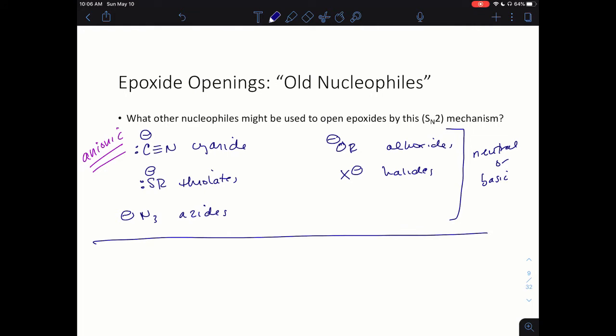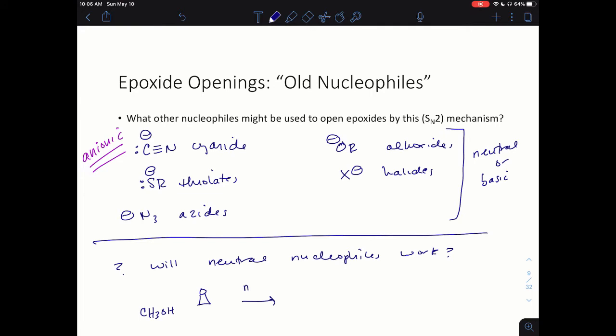You might be wondering, will neutral nucleophiles react with epoxides by an SN2? Like, for example, instead of using methoxide, could you use methanol? No, they won't react yet. I'm going to show you later, but they won't react yet.